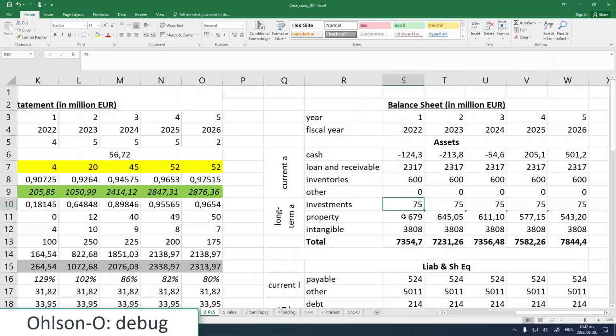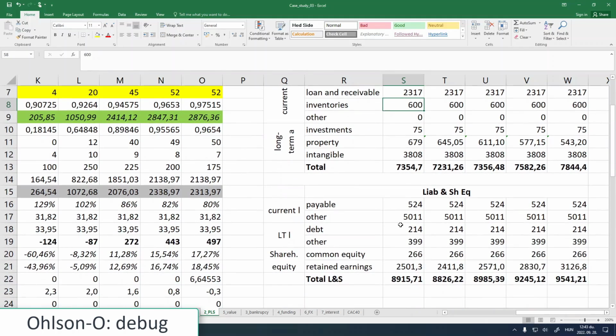Others among the assets are reasonable: property, intangible, cash, inventory. So at least it's transparent. The case of liabilities, this one is also not transparent. This one is also not transparent.